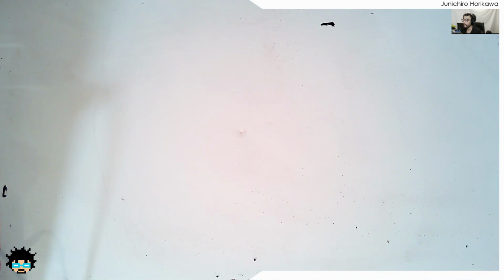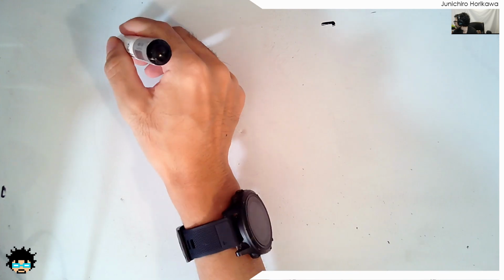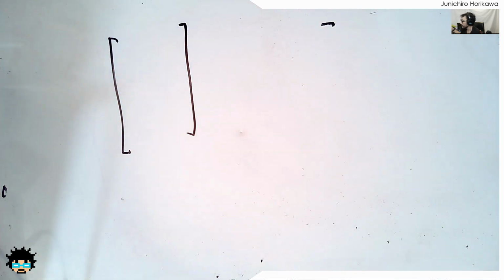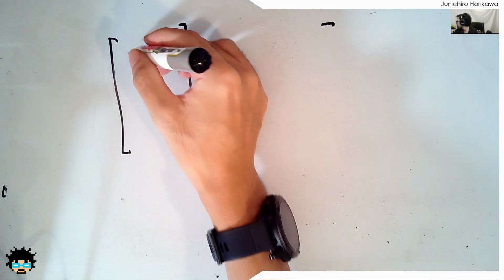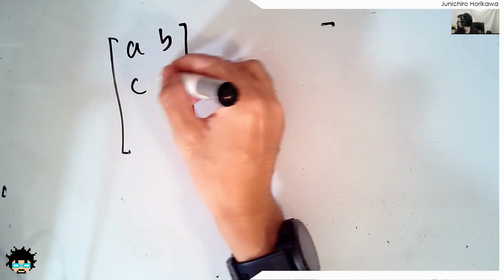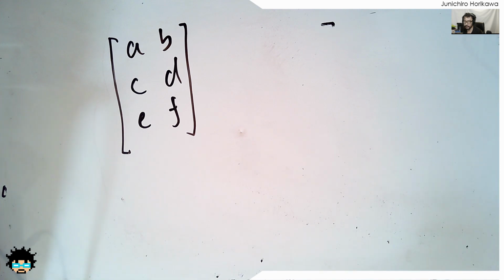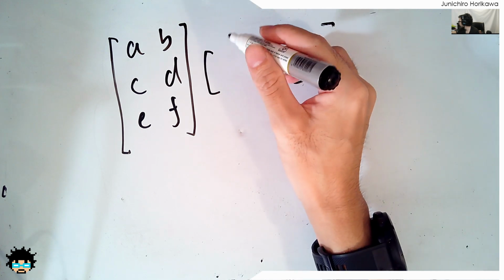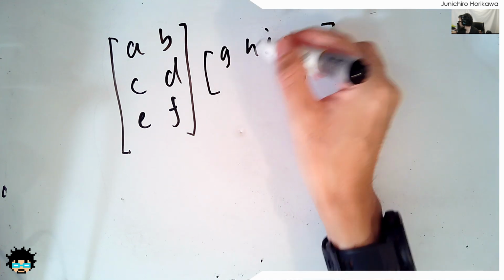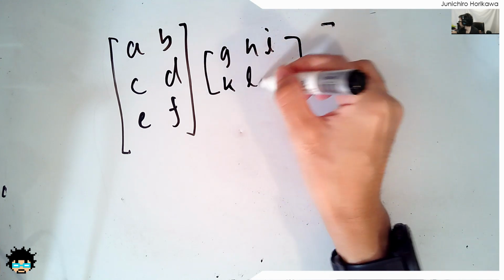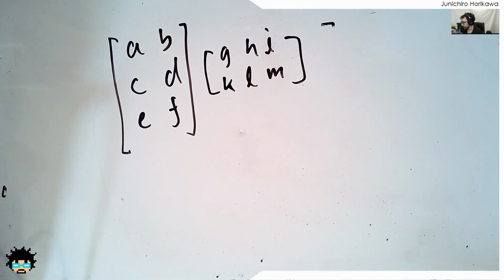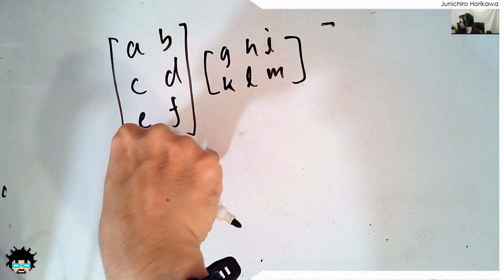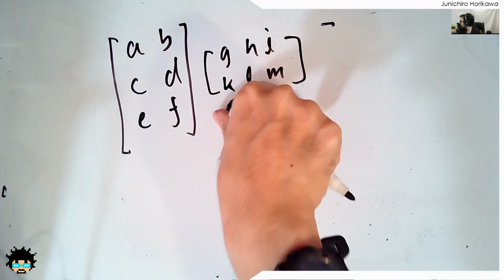Now you don't use this a lot for 3D graphics, but you can also multiply a non-square matrix, like if you have a 2x3 matrix, then you can use this to multiply with the matrix that looks like this one. In this case, you have a 2x3 matrix on the left hand side, and for the right hand side you have a 3x2 matrix.